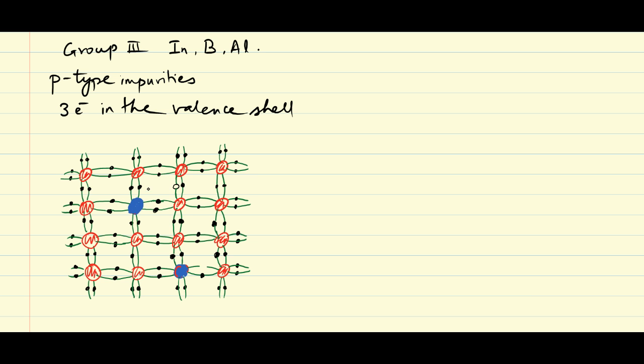Another byproduct of this process is a negatively charged boron ion. Remember, boron was initially neutral, and it has now got an extra electron from the lattice, which makes it negatively charged. The semiconductor is now called a p-type semiconductor.